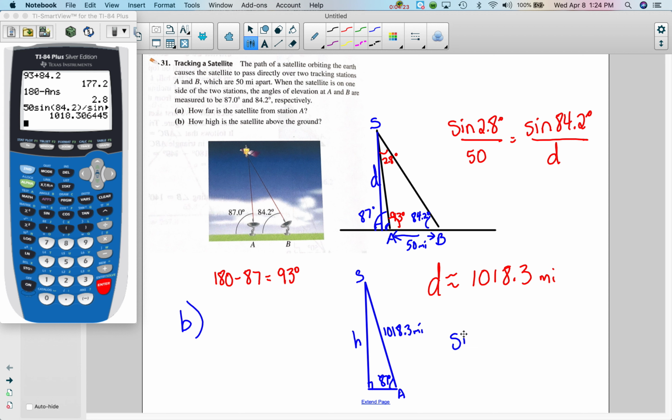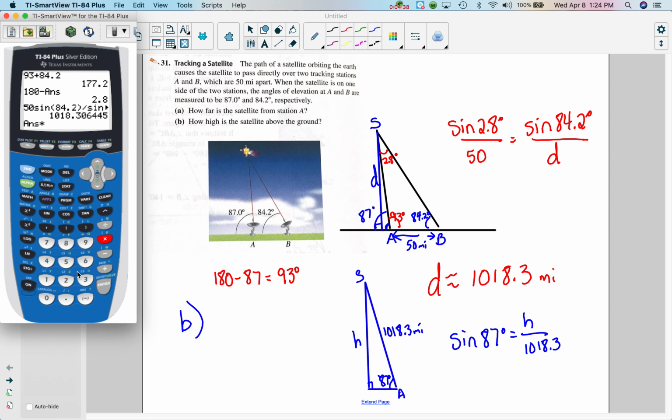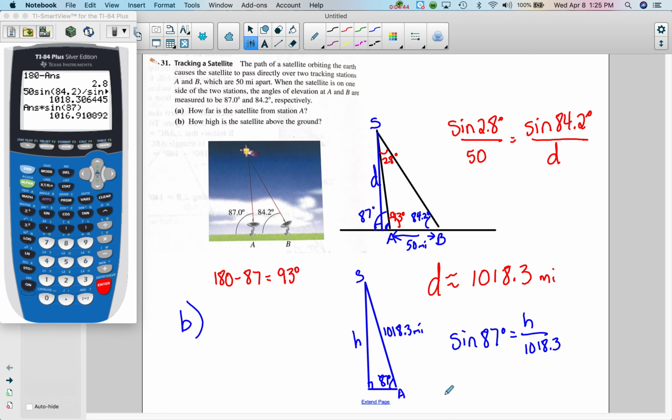So I can say sine of 87 degrees equals opposite, which is H, over hypotenuse, which means I just multiply sine 87 times this number here, which I already have in here. So I'm going to multiply by sine 87. And I get that H is about 1016.9 miles. And that would be my answer to part B.